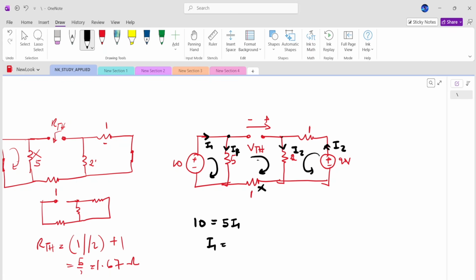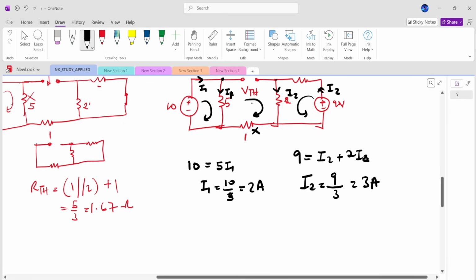It means I1 is equal to 10 over 5. That's going to give me 2 amps. What of I2? Let's go with the second loop. It means 9 is equal to I2 plus 2I2. It means I2 at the end of the day is equal to 9 over 3. That's giving me 3 amperes, right? Good one.